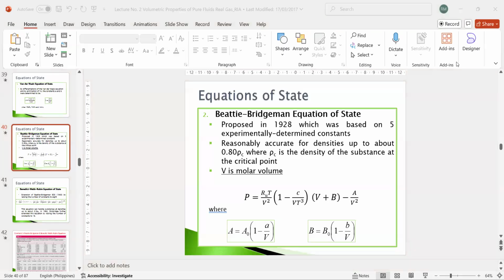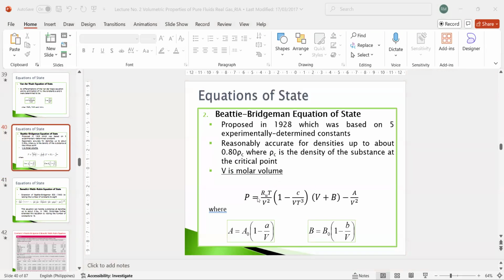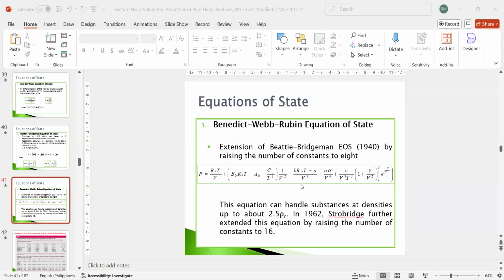Hi everyone. So we will continue with the next example, which is Example 8. But before that, I would like to give additional information about other equations of state that we will not discuss in detail in examples, but there's also the Beattie-Bridgeman equation of state and the Benedict-Webb-Rubin equation of state. Just in case you encounter them in the board exam or in the future, at least you are familiarized and it's not alien to you.